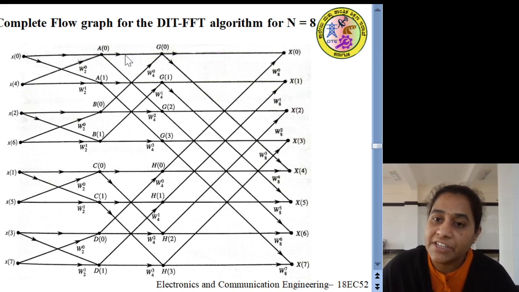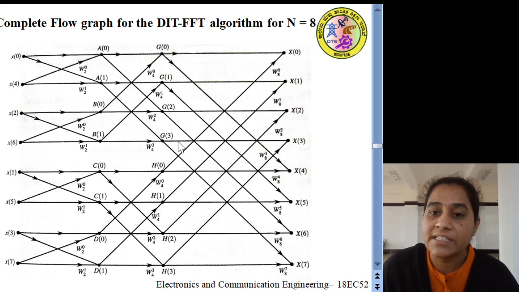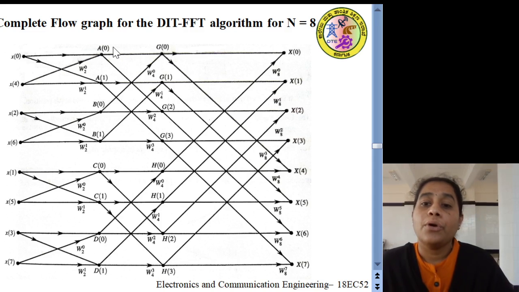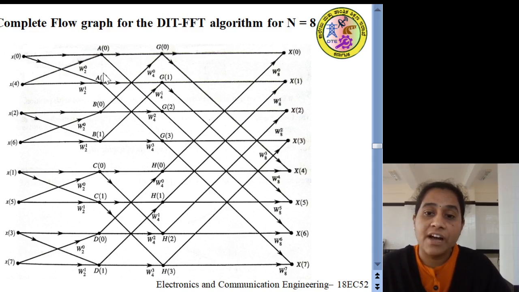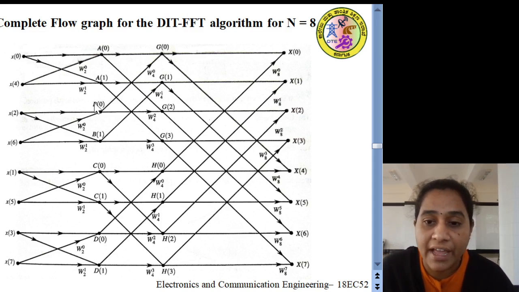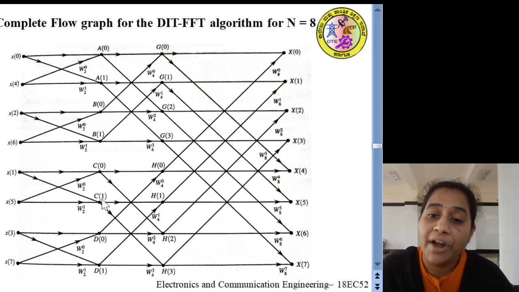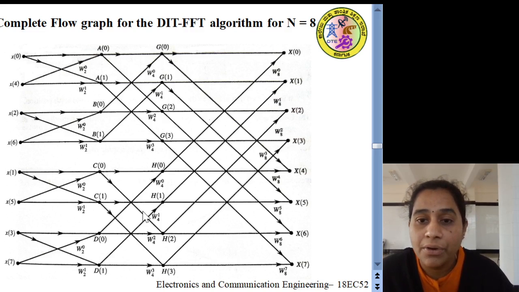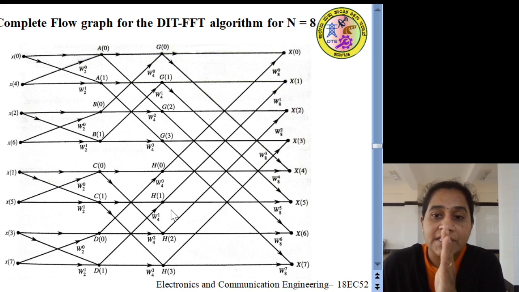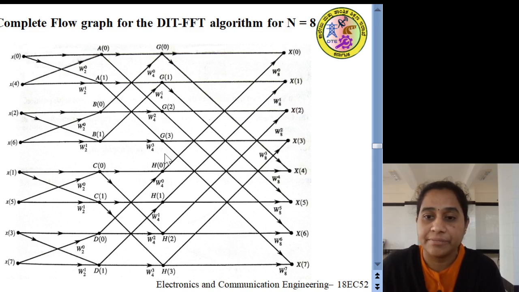After the second stage of decimation, g of k is converted to two n by 4 point DFTs, that is A of k and b of k, and h of k is converted to two n by 4 point DFTs, c of k and d of k. So this is how the complete flow graph represents the decimation in every stage. So we can consider here 3 stages of decimation.